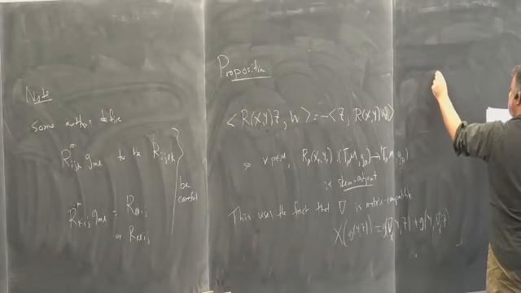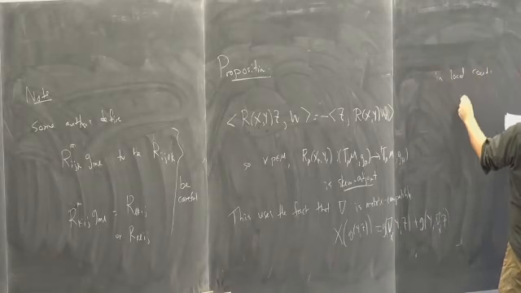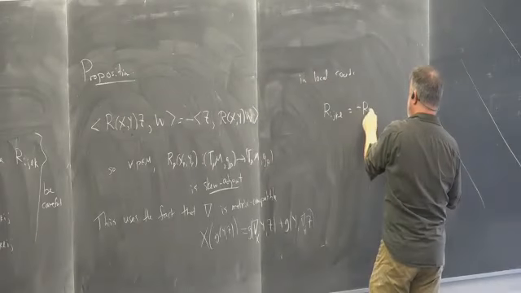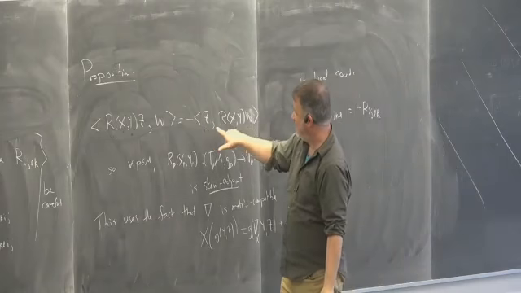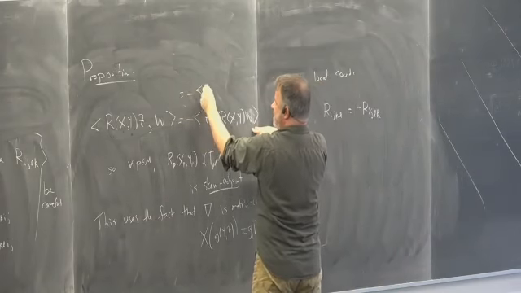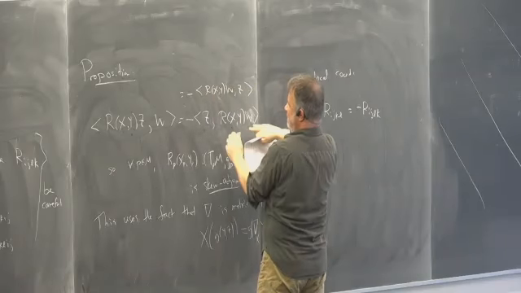And in local coordinates, this says that R_ijkl is minus R_ijlk, because the metric is symmetric. It's an inner product, so I can write this as minus R(X, Y, W, Z).